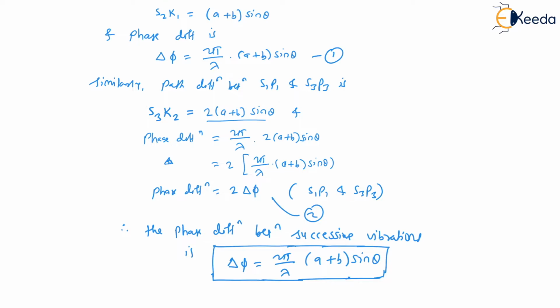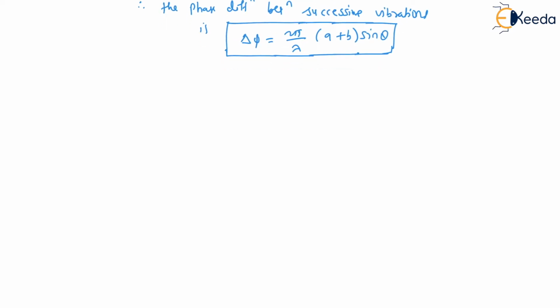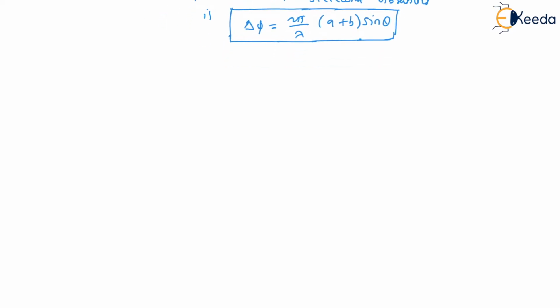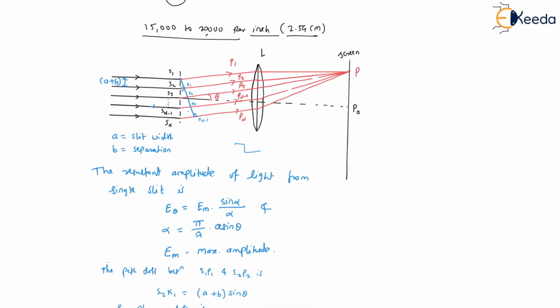So now we will find out the resultant amplitude here. As I said, to find the resultant amplitude at point P, we have to do a vector sum of all the amplitudes of these n number of light waves, and each wave corresponds to the amplitude of E theta.